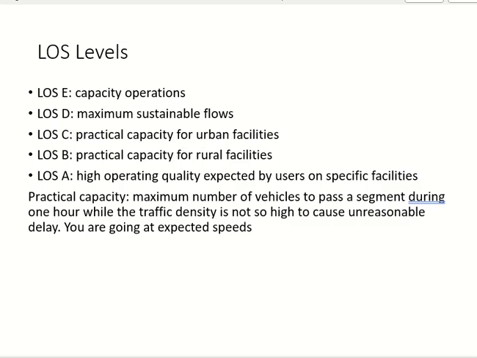So because of this, the flow at capacity is never continuous. I want to change my lane. I am at capacity. If I want to change my lane, somebody has to stop for me, right? So that's why E is capacity, but it is not continuous flow. Practically, it cannot be continuous. Drivers have to do these things.